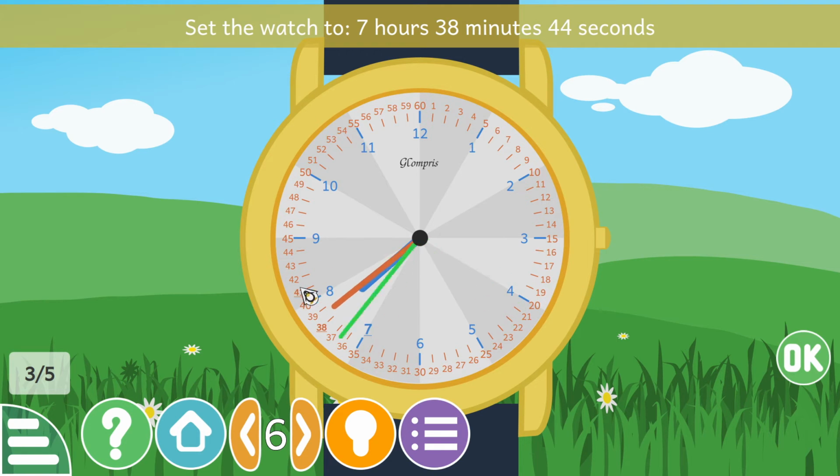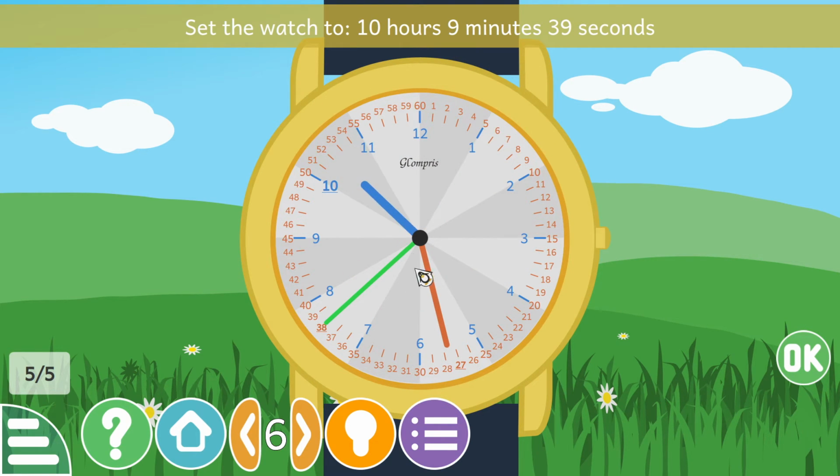7:38 and 44 seconds. So 5:26 and 32 seconds. Oops, I've got the hour hand messed up, so I'm going to wind the minutes back an hour.